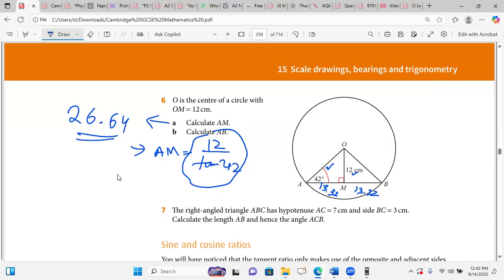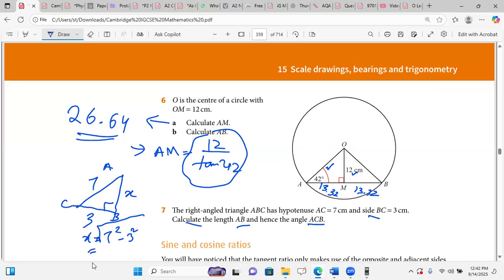The right angled triangle ABC, hypotenuse AC, means A and C is hypotenuse, and angle B is 90 degree. AC is 7. Side BC is 3. Calculate the length of AB and hence the angle ACB also. So AB I can calculate by using Pythagoras theorem, like in the form of x. So x will equal to square root of 7 squared minus 3 squared.